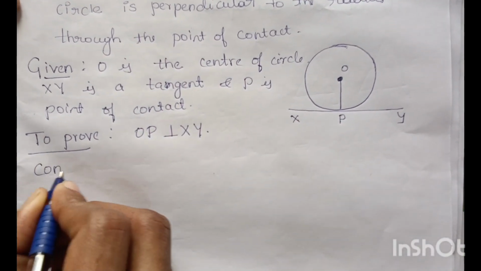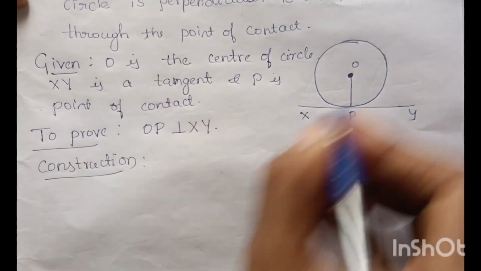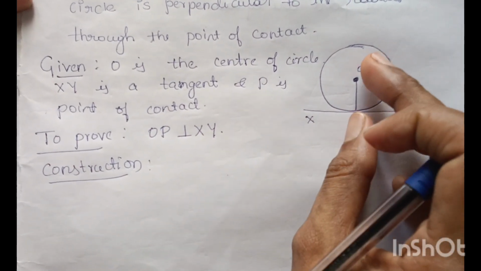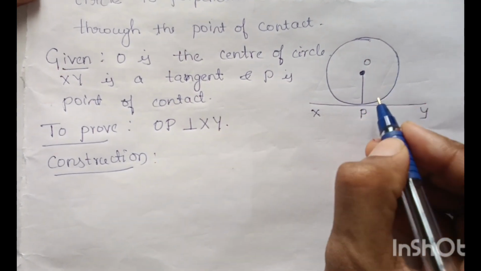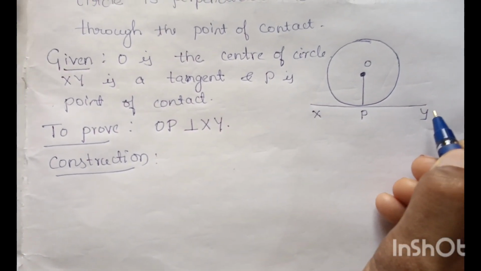This also has a construction. To prove OP is perpendicular to XY, I have to prove this is the shortest distance. This radius is the shortest distance to the tangent XY.